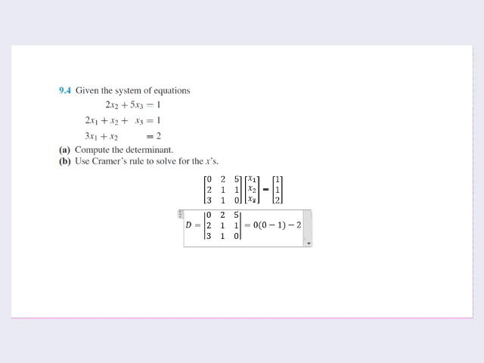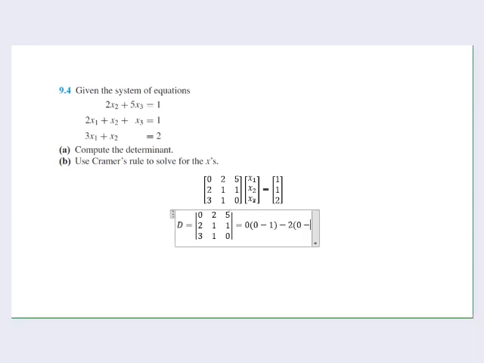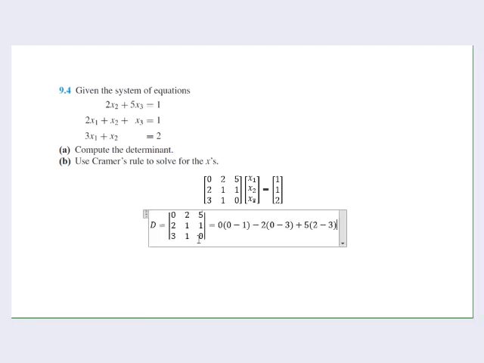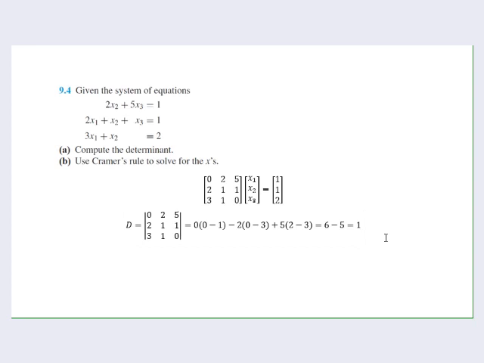So minus 2 multiplied by 2 into 0, that's 0, minus 3, plus 5, so 2 into 1 is 2, minus 3, so that is 0, minus 2 minus 3, minus 1 multiplied by 5, so minus 5, so that is 1. So D is 1.